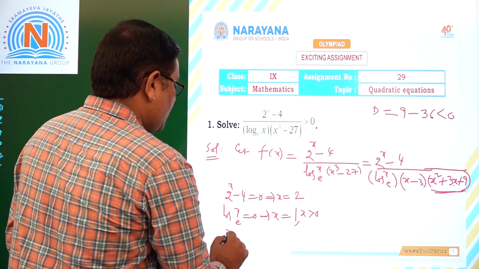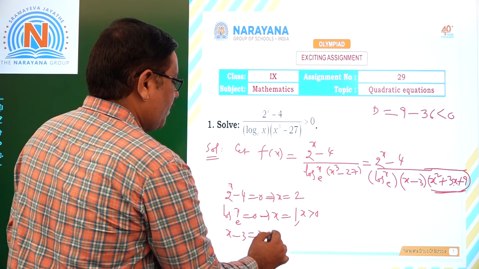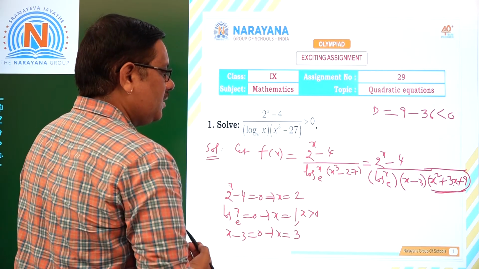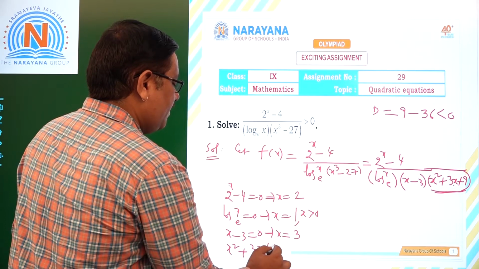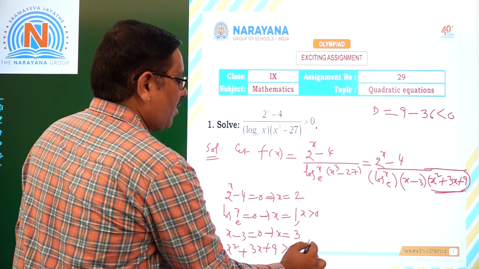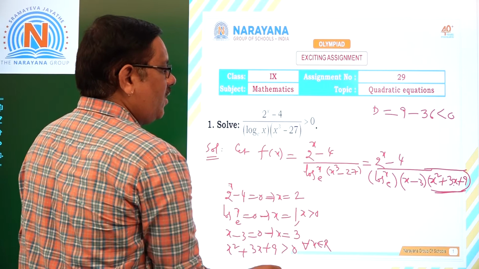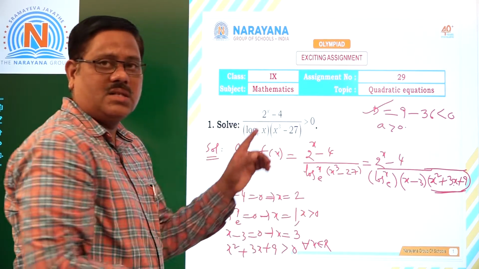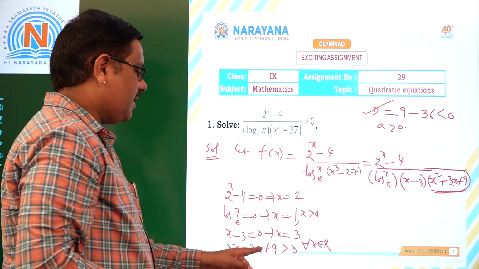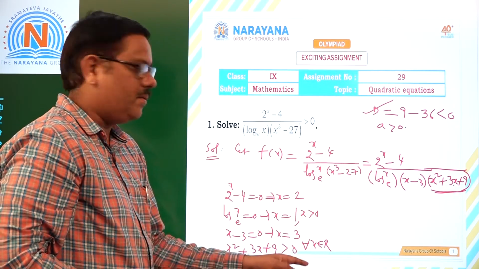Next we have x minus 3 equal to 0. It implies x is equal to 3. Anyway, x square plus 3x plus 9 is greater than 0 for all x belongs to R. Why? Discriminant is negative and a is more than 0. Because of that condition, x square plus 3x plus 9 is always positive.